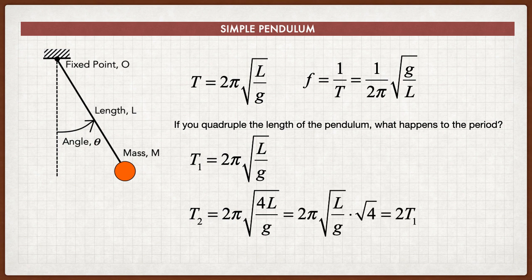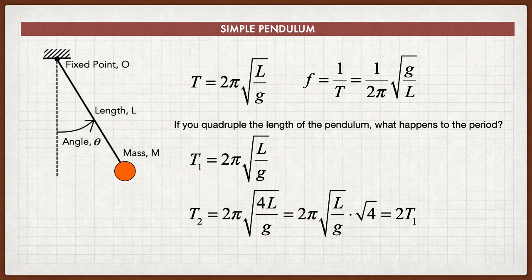Remember, the square root of the product, x times y, is the square root of x times the square root of y. We can put them in separate apartments, so to speak. Square root of 4 is 2, so the new period, T2, is twice the original period, T1.